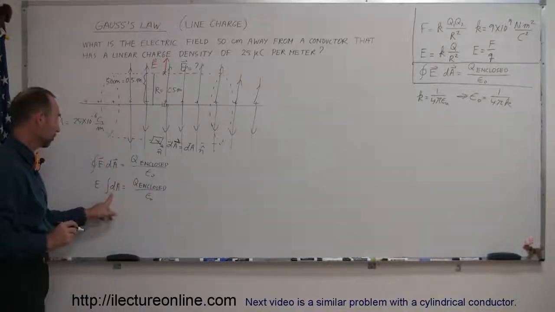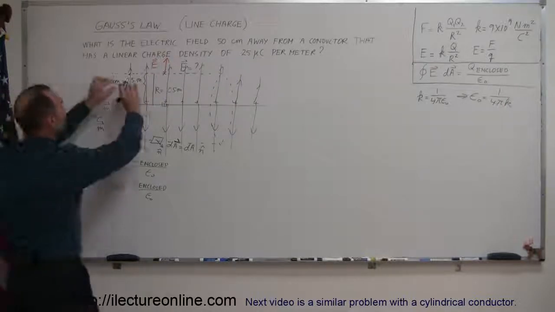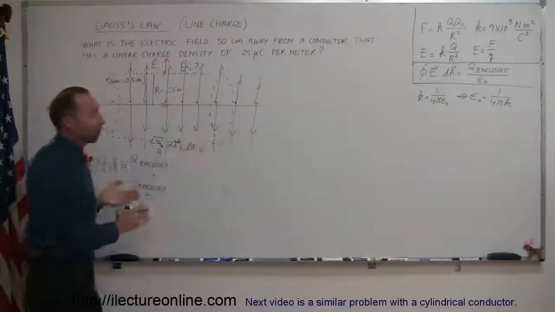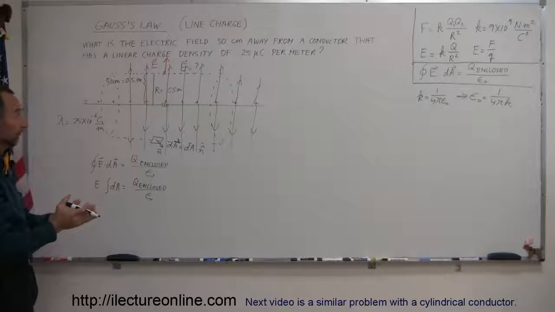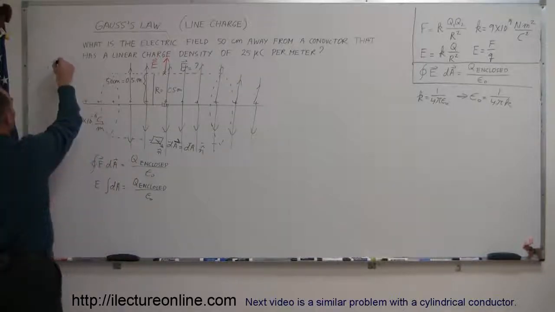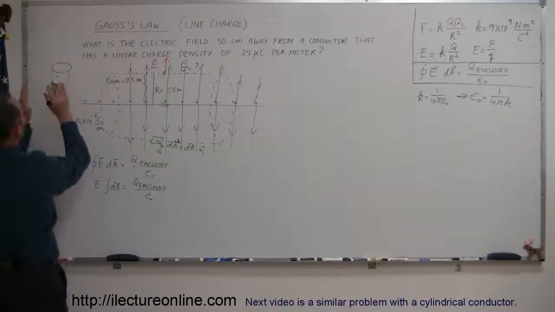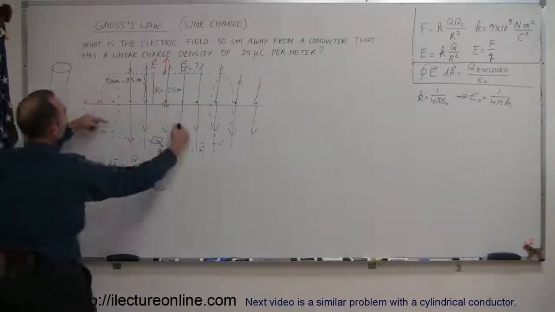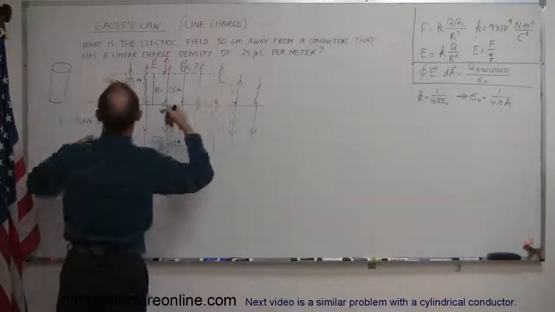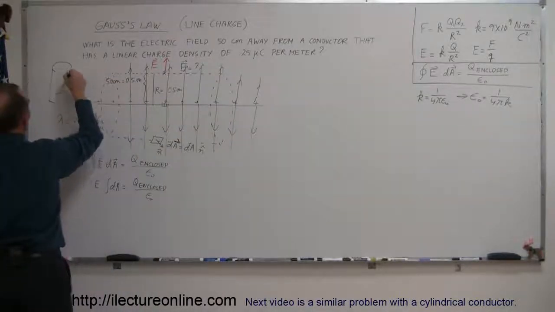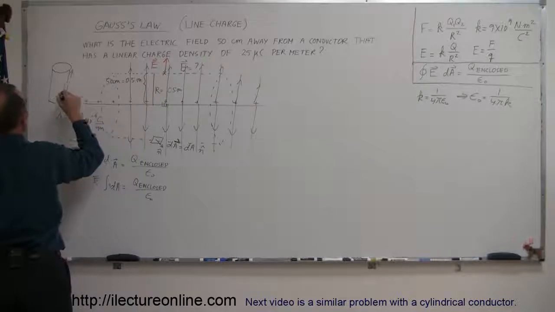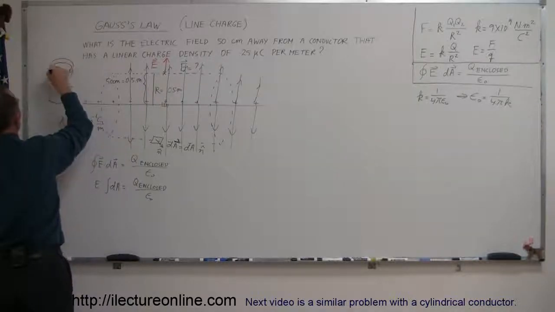Now, what is the surface integral, or the integral of all these little area elements for this whole cylinder? Well, it's simply the surface of the cylinder. And how do you find the surface of a cylinder? Well, if you ignore the ends and only look at the side of the cylinder, that would be equal to the length of the cylinder, however long the cylinder is, times the circumference of the cylinder, which is 2 pi times the radius.